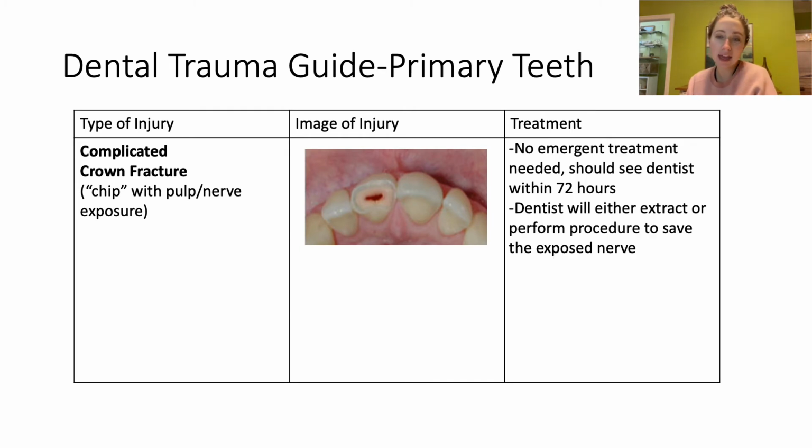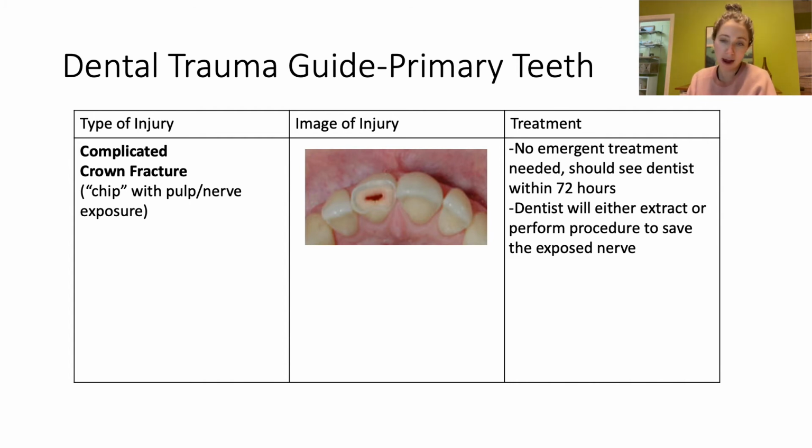So the treatment for that is no emergency treatment is needed, but they should see a dentist within the first 72 hours. Why it's 72 hours is we know that that's how long it takes for the bacteria to crawl into the nerve and then cause irreversible damage. Whereas if it's been less than 72 hours, the bacterial infection is pretty superficial and easier to manage.